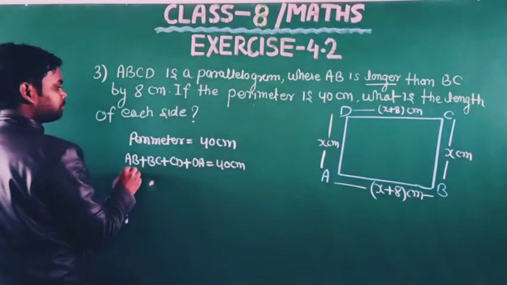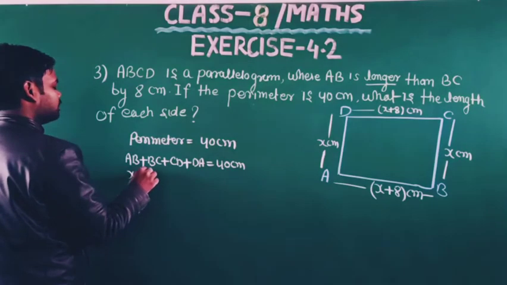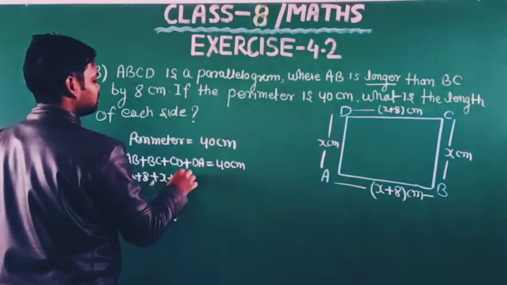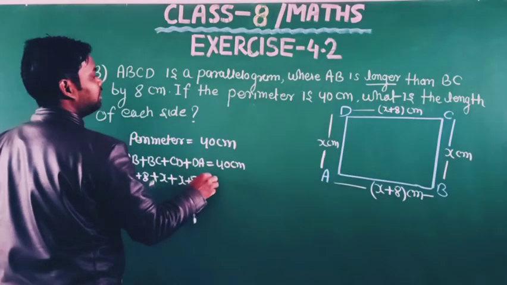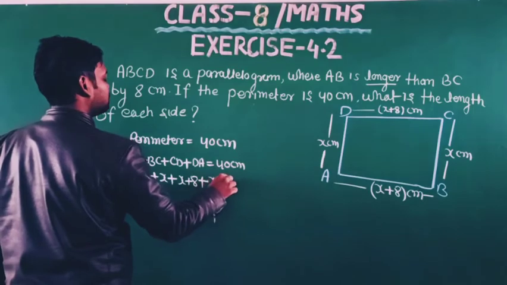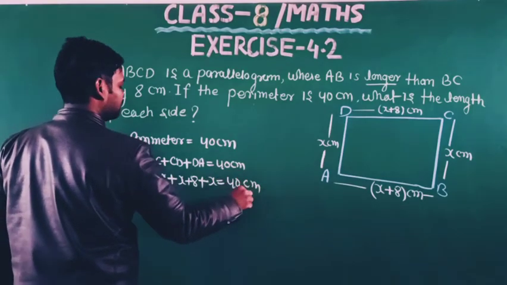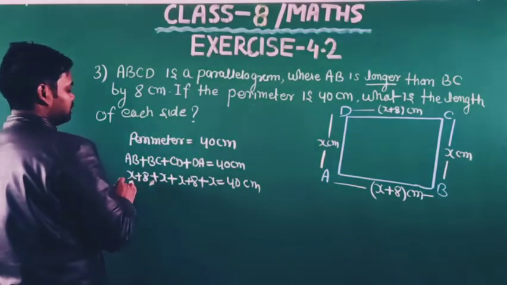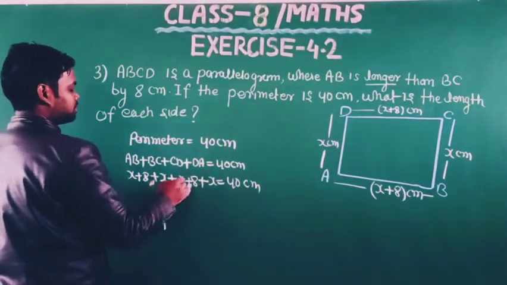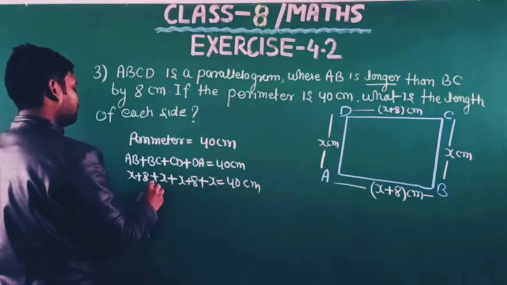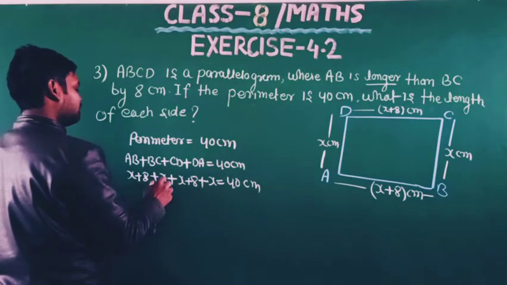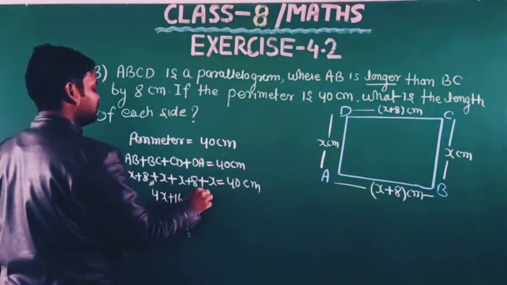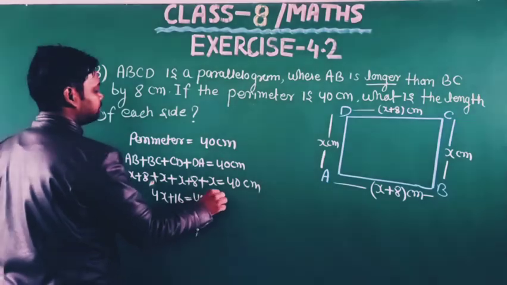Here AB is x plus 8, BC is x, CD is x plus 8, DA is x, equal to 40 centimeter.